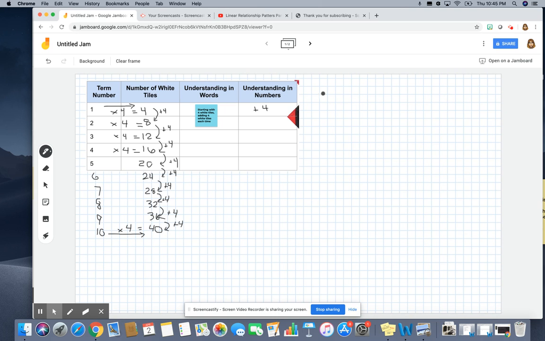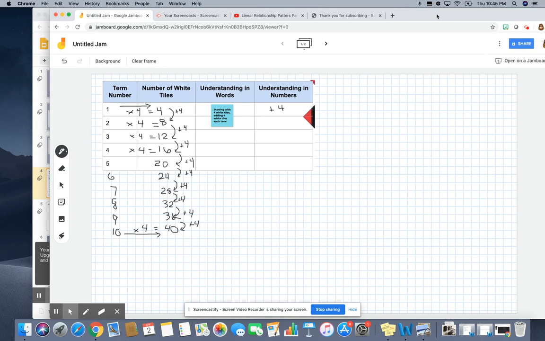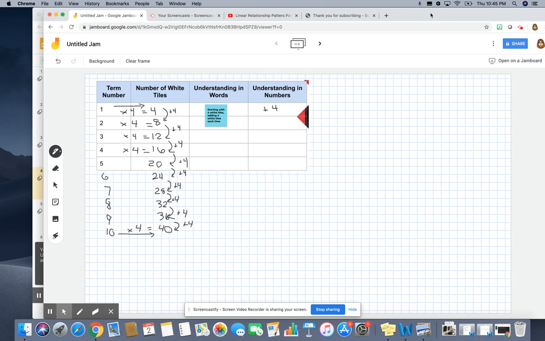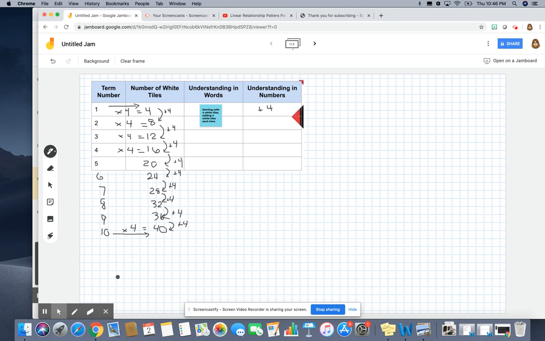So looking back on this then, if I'm going to continue on this relationship, I know that if I had a 100th term number and I was going to multiply that by 4, I would have 400 white tiles.